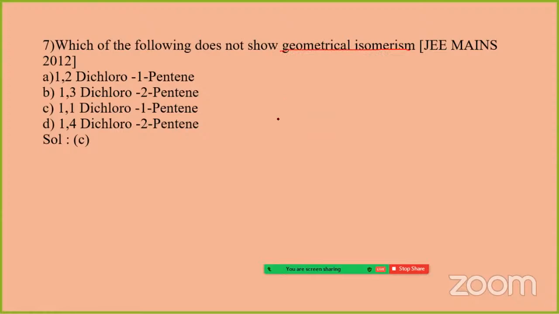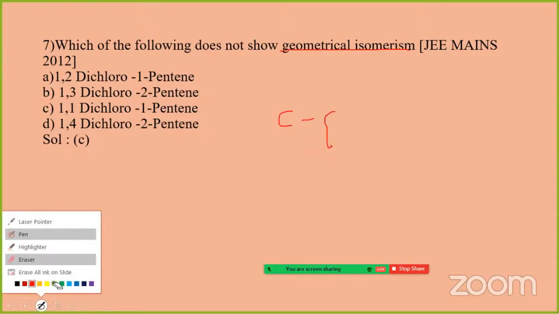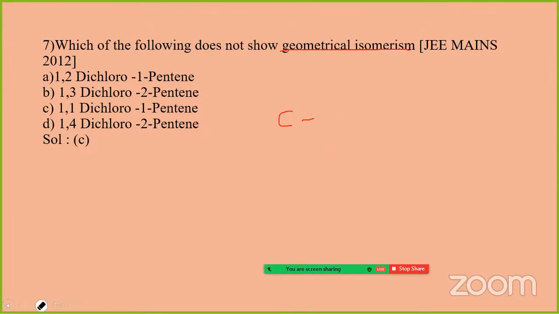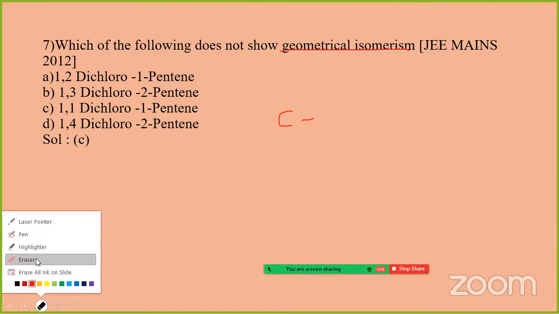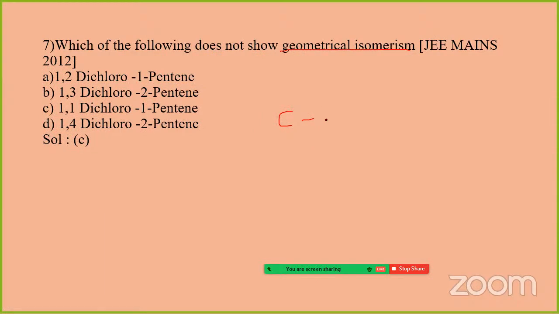So 5 carbons we are taking here. On the first carbon we are having 2 chlorines.